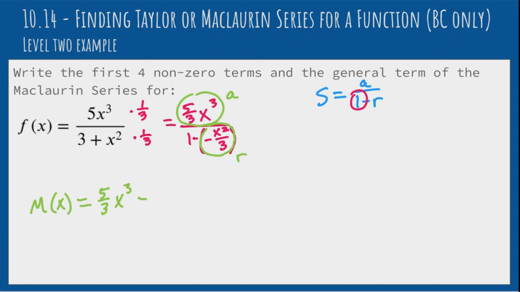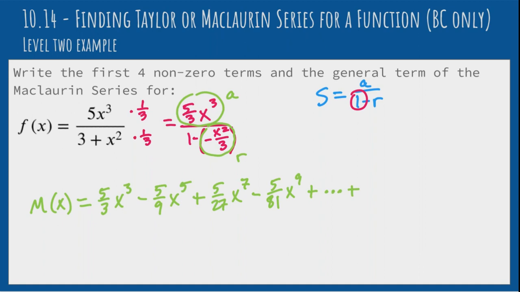Multiplying by 1/3, we're going to have 5/9, and then times x squared is x to the 5th. Then multiplying again times the negative is going to make this positive, 5 over 27 times x to the 7th. And then minus 5 over 81 x to the 9th.